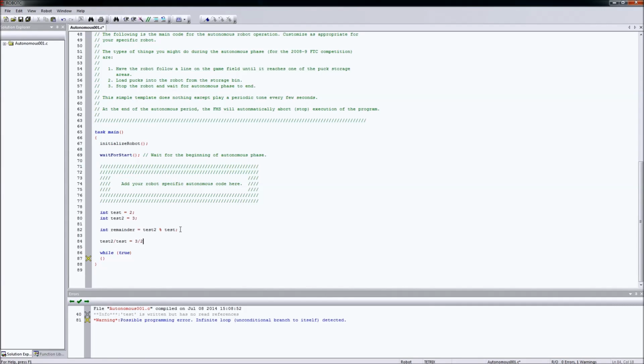This is equal to 3 divided by 2, it's equal to 1.5. So our remainder is this 0.5 here, which is 1/2. I mean, obviously this doesn't equal 1/2, but our remainder is 1/2. And so our remainder is 1. So remainder would be set to 1 in this case with that line of code.